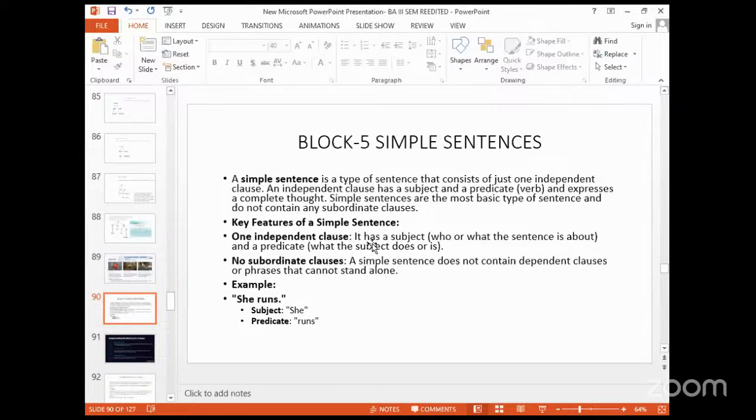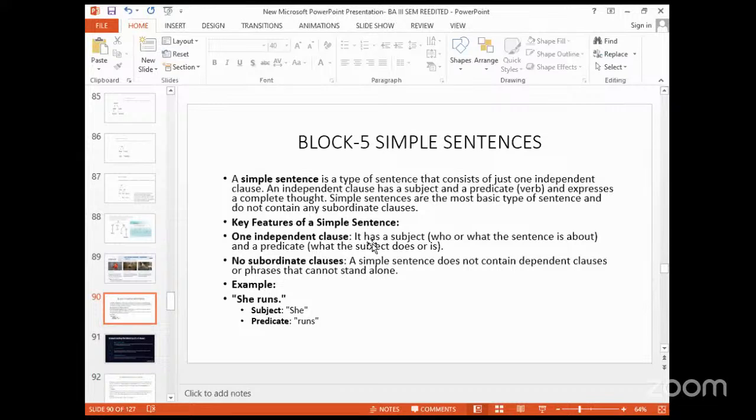Now let us quickly discuss the features of simple sentences. It has a subject, who or what the sentence is about, and a predicate, what the subject does or is. And there is no subordinate clause. What do you mean by a subordinate clause? A clause that depends on an independent clause is called a subordinate clause.